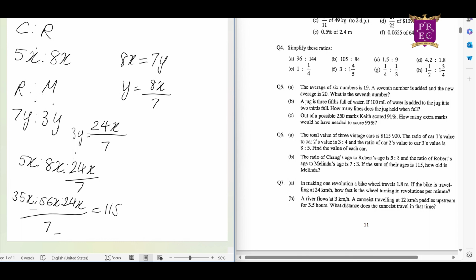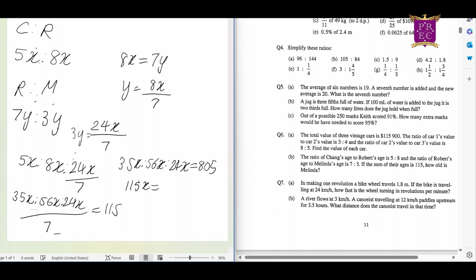So we know that 35x plus 56x plus 24x is equal to 805. And then we add it all up. 35 plus 56 gives us, sorry, not 89, 91. 91 plus 24 gives us 115.